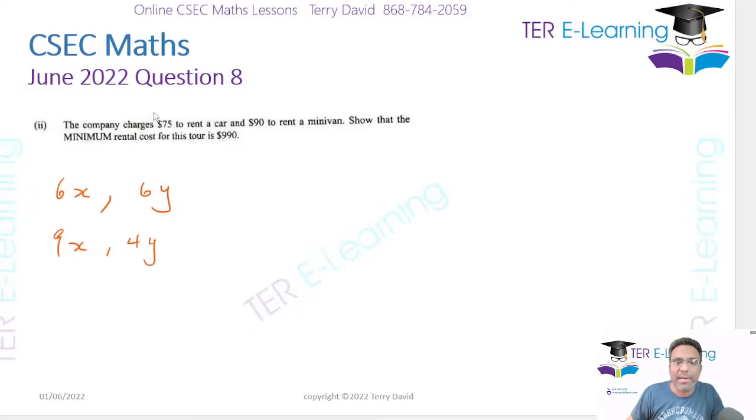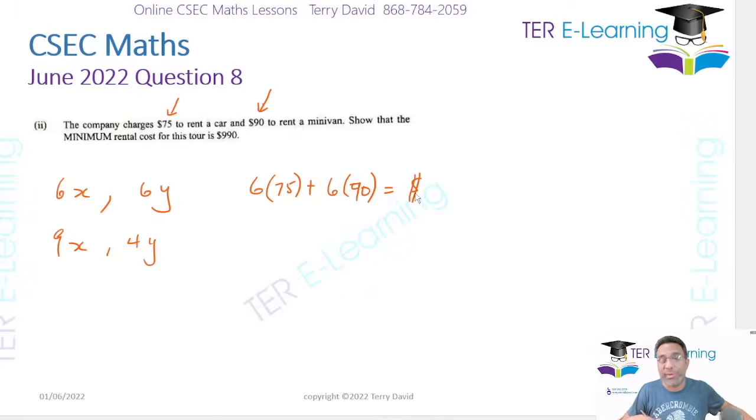Now, we know that the cost to rent a car is 75 and the cost to rent a van is 90. So therefore, 6 multiplied by 75 plus 6 multiplied by $90, right? If we go with that combination, it's going to be 6 by 75 plus 6 by 90. You're going to get $990.